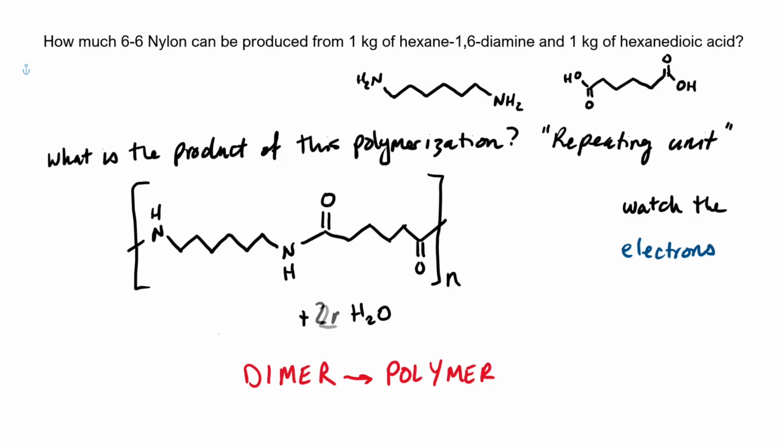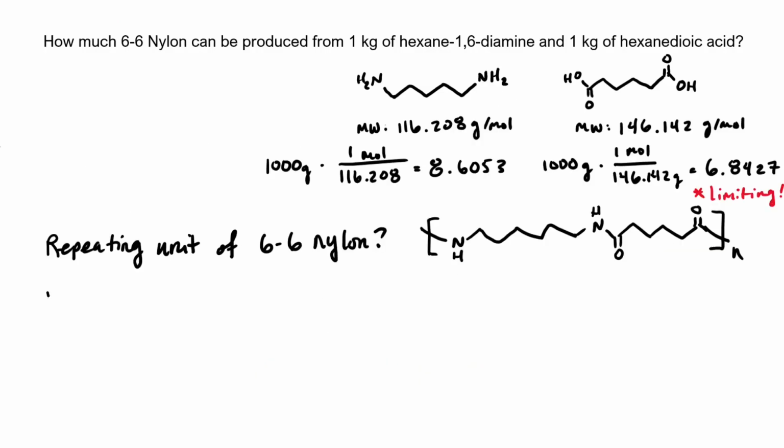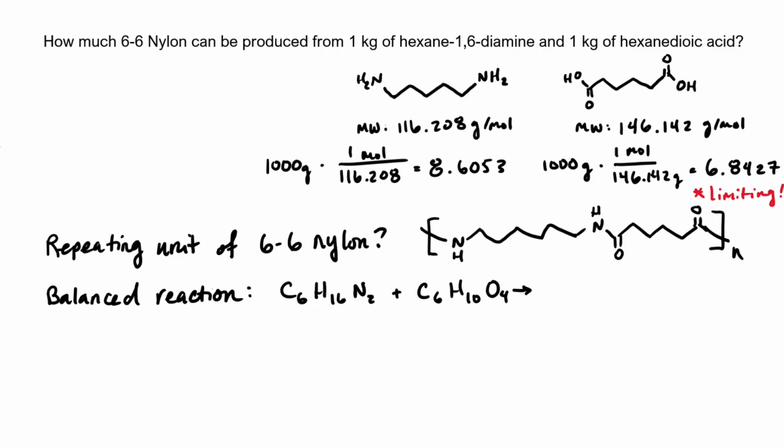Now we can take that back to our question to generate the balanced reaction, which will be our hexane 1,6-diamine plus hexanedioic acid to produce 1 repeating unit of the 6,6 nylon and 2 water molecules. If you add up all of those atoms, you'll see that it's balanced on each side.